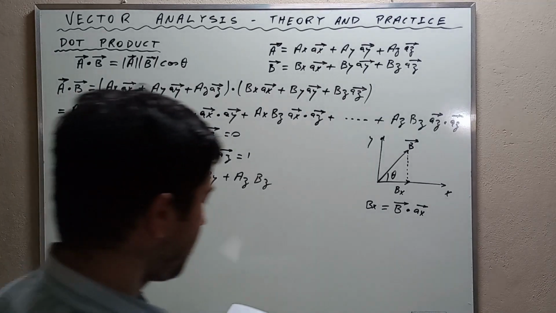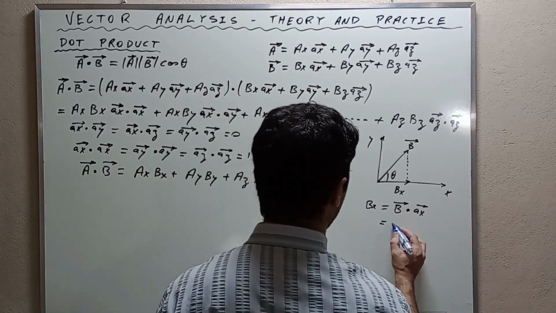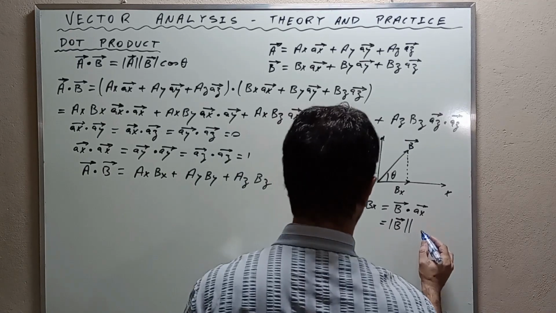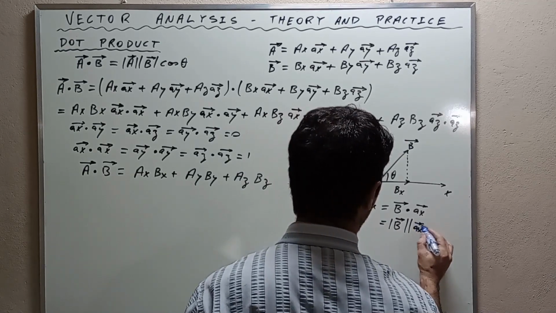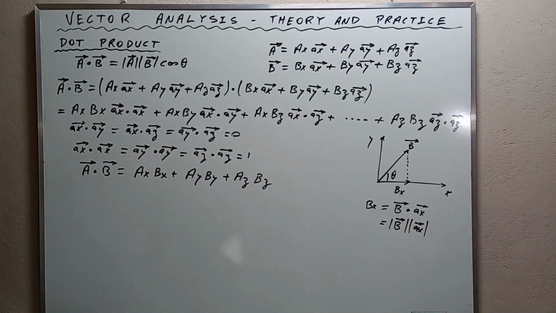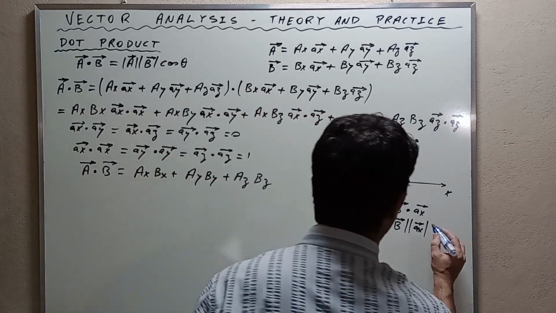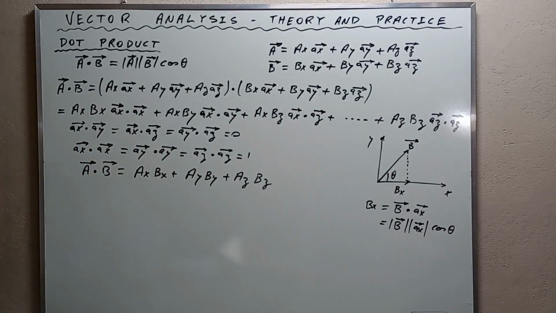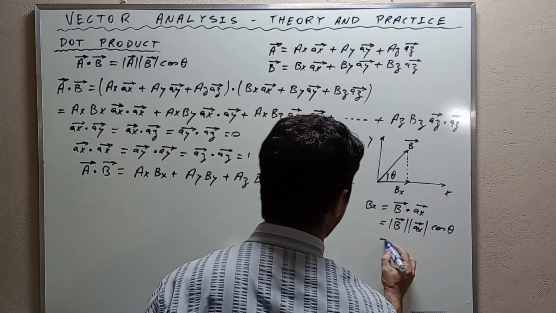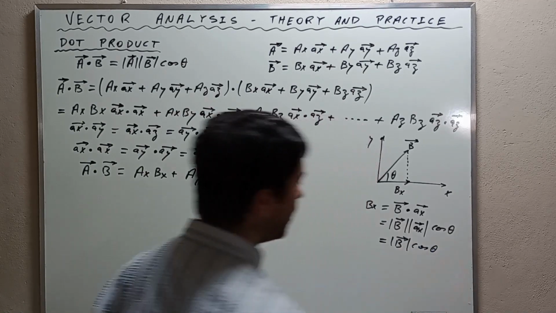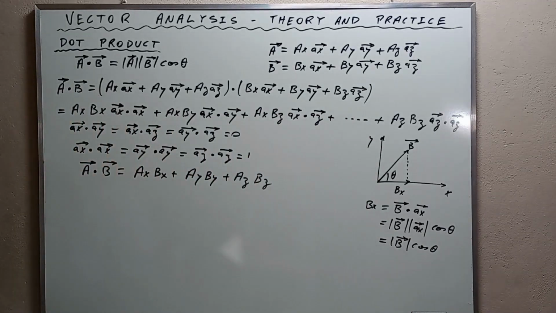Okay, and this is going to be the magnitude of b times the magnitude of ax. We know that the magnitude of ax is 1 because ax is a unit vector, times the cosine of the angle between them, and in this way it is simply the magnitude of b times the cosine of the angle. Alright? This is how we find it.